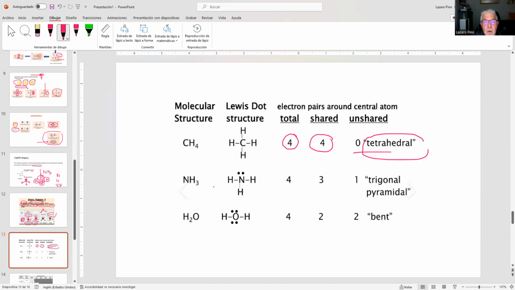In the case of ammonia, as I told you, it's trigonal pyramidal because it has a lone pair. And water has 2 lone pairs, so it's bent. 2 shared and 2 lone pairs, so it's bent.